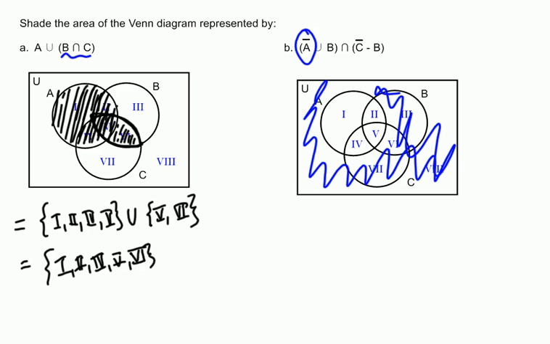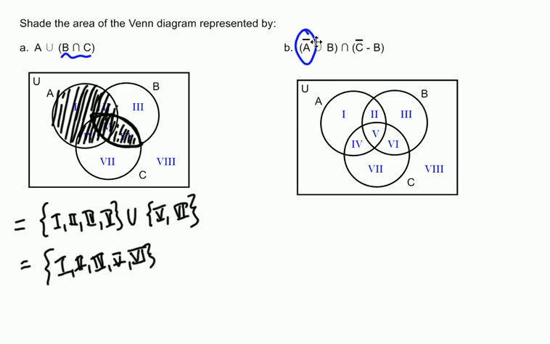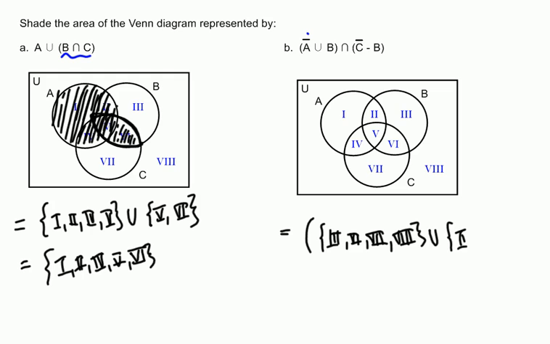There are four things in A, so there must be four things outside of A. So we're going to start with A complement, which will be 3, 6, 7, and 8, together with B, which is 2, 3, 5, and 6.